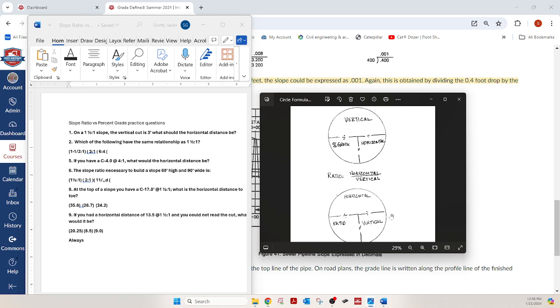Look at me contradict myself, because see, this is horizontal divided by vertical, so that tells me that's percent grade. This is slope because it's vertical. I'm sorry, I got it backwards. This is percent grade because it's vertical divided by horizontal. This is slope ratio calculations because it's horizontal divided by vertical. You know it's percent grade because vertical is usually going to be smaller than your horizontal.